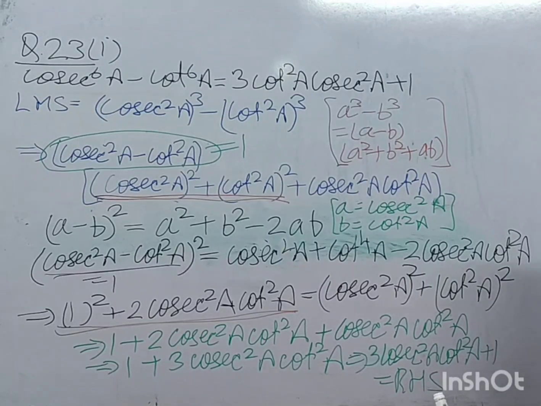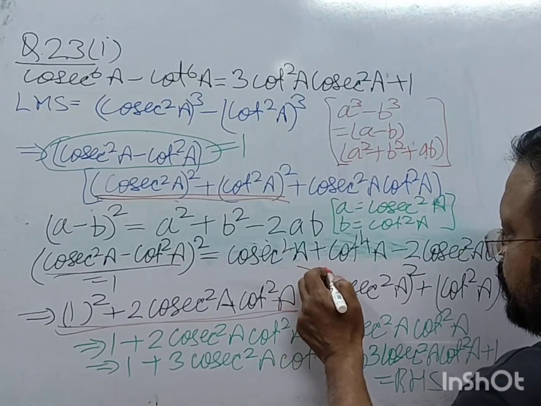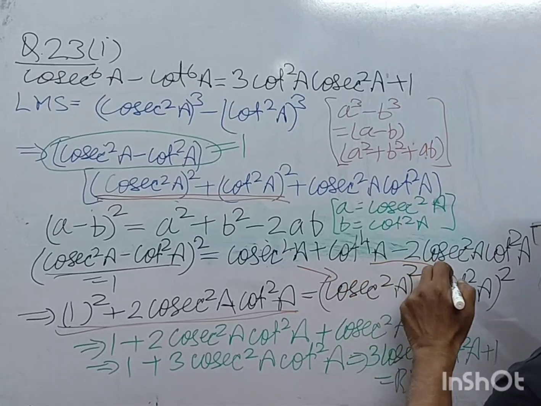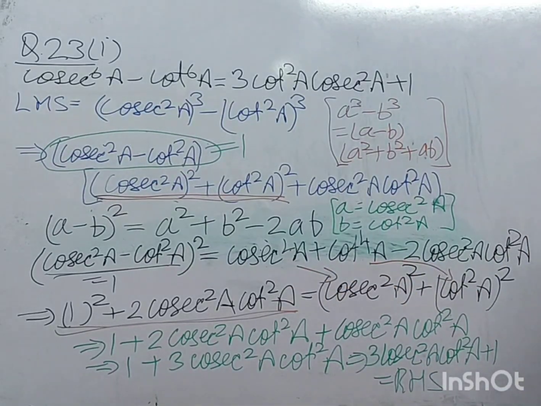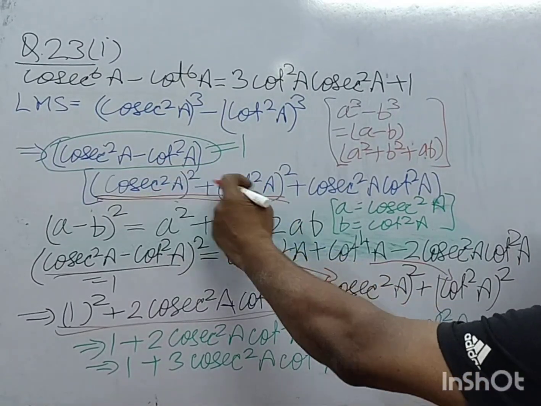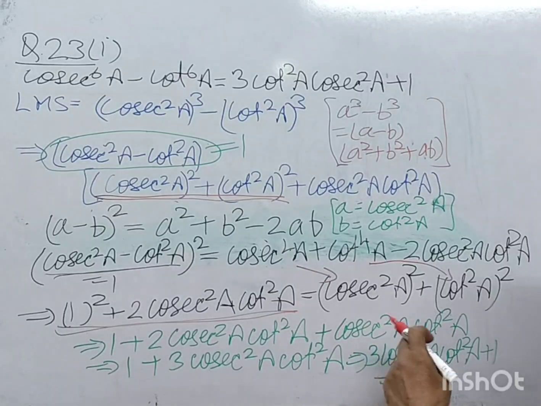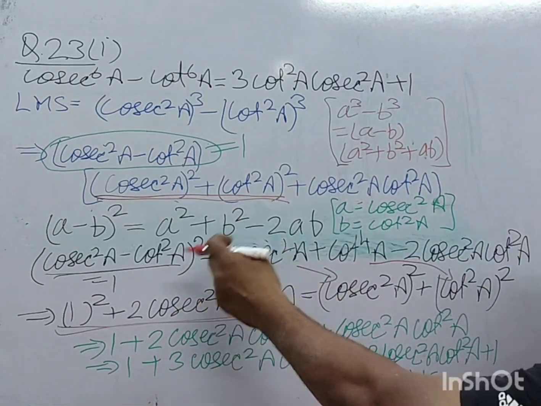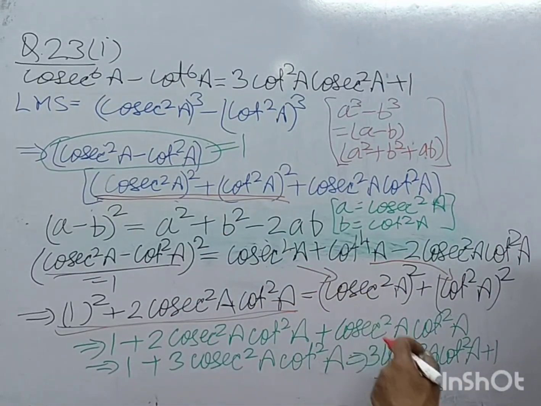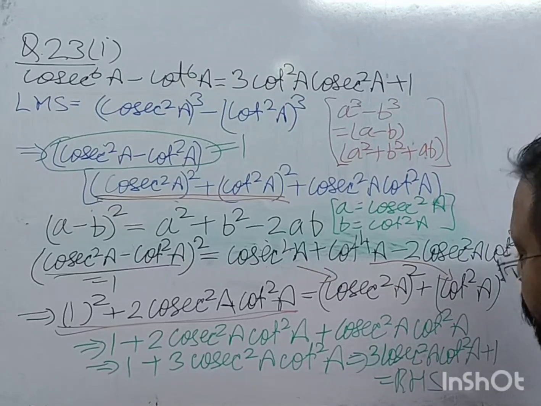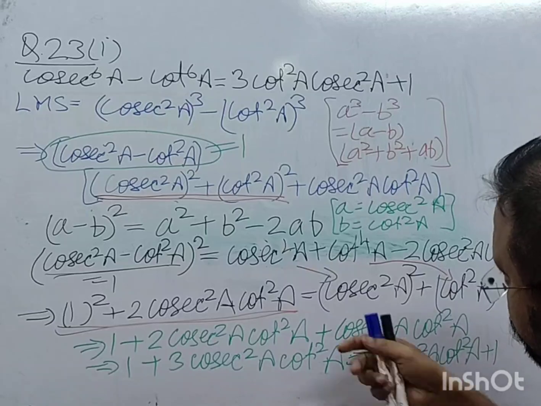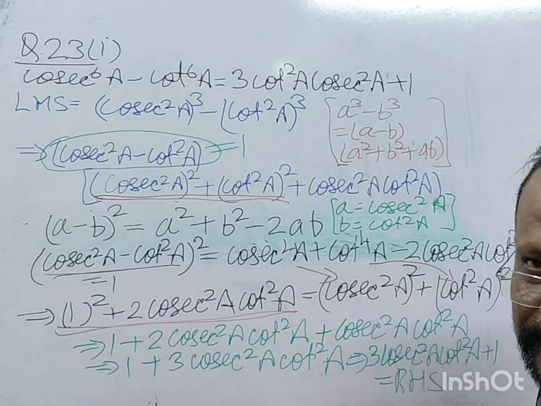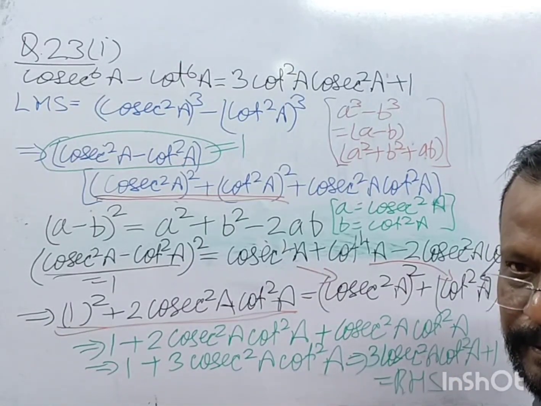So you know, this can be written like this, and this can be written like this, right? And then we put the values here, and we bring this minus on this side, so this is the value of cosec square a whole square plus cot square a whole square. Substituting here, then you can get it, otherwise you can't do that, right?